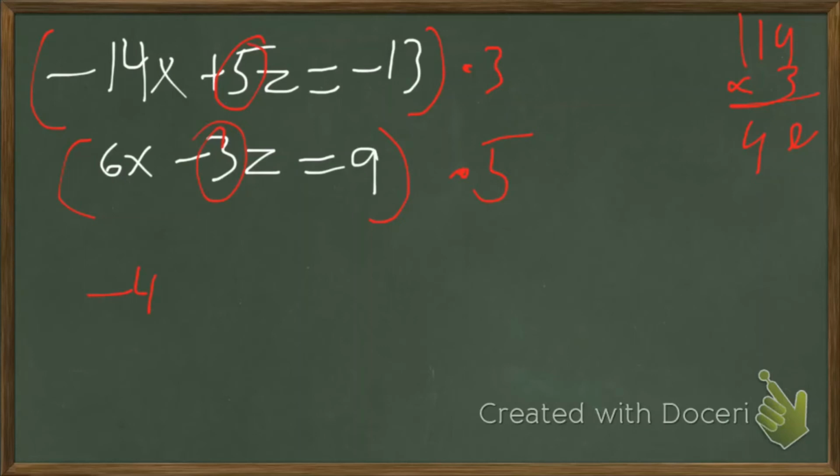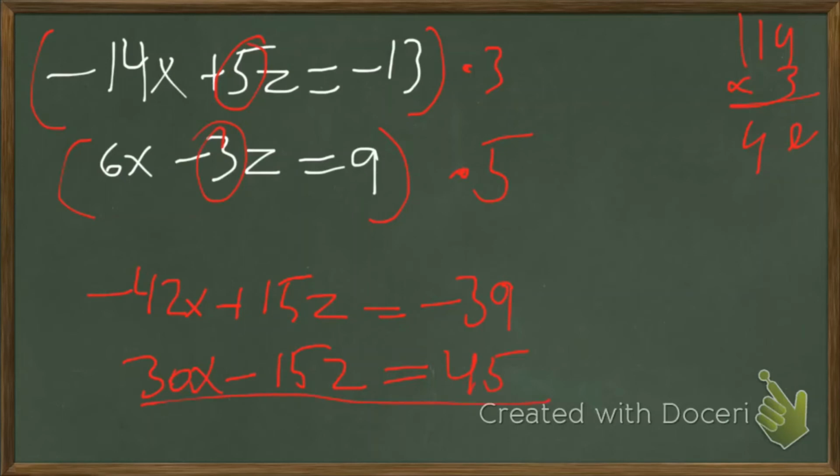So minus 42x plus 15z equals negative 13 times 3, which is negative 39, and then you do 6 times 5, which is 30x minus 15z, which is equal to 45. Now when you do this, it becomes negative 12x equals 6.